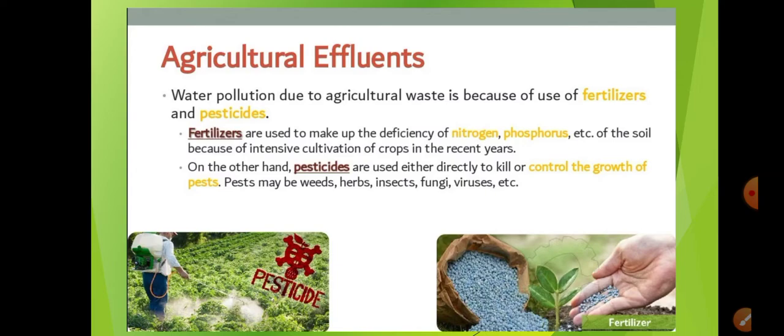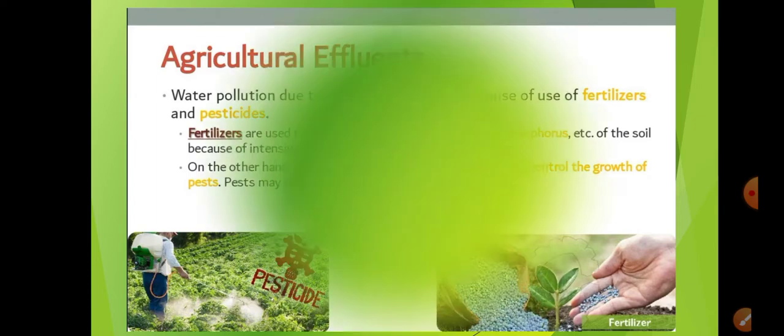As I had already explained, whatever is released into the soil when you water the plants, or whenever there is rainfall, these chemicals get mixed with the rain water, and it seeps into the soil, or it gets discharged into some nearby water bodies.